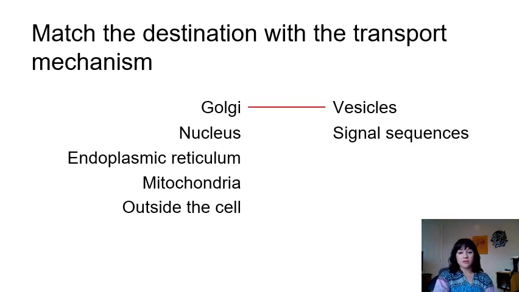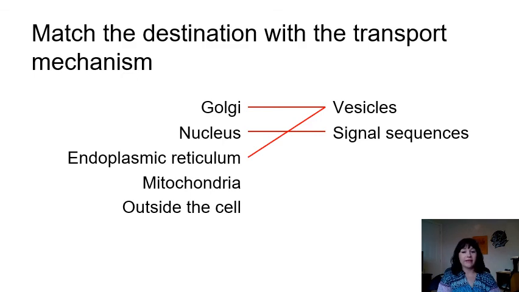Right, so again, Golgi, the proteins are going to be traveling to the Golgi via vesicles. For targeting to the nucleus, signal sequences are crucial. In this one, I have it selected as vesicles, but really that should be corrected to signal sequences, right? If it's going to the endoplasmic reticulum, it's using a signal sequence.